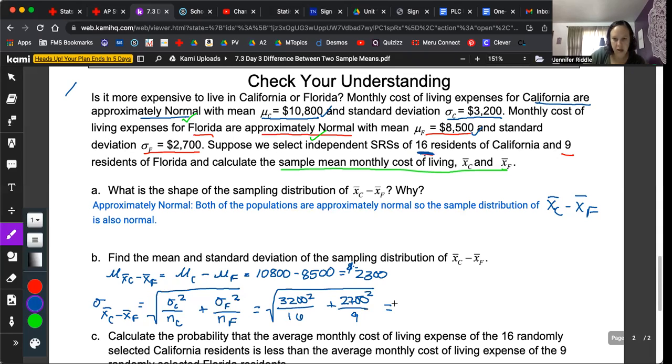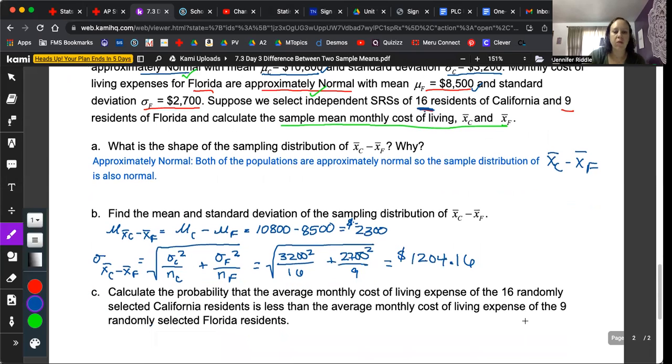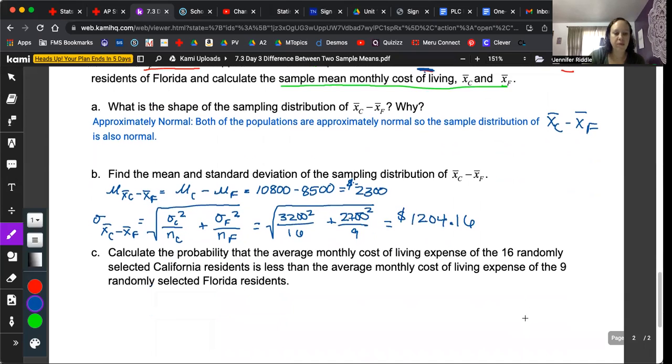You should get 1,204.16. I strongly encourage you to check this in your calculator to make sure you got the same answer. If not, make sure you ask questions about where or what you might be doing wrong.